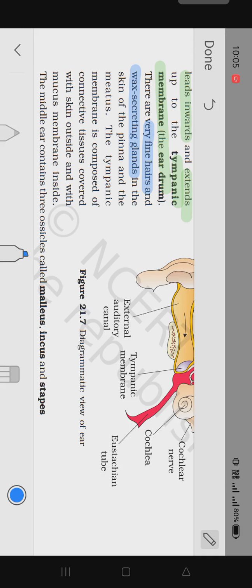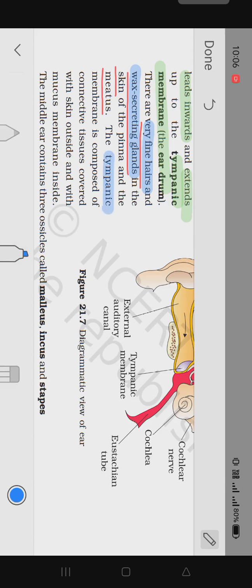So the body has this protection mechanism: very fine hairs to trap all those particles that are entering the ear. Second thing, they have wax secreting glands. These wax secreting glands contain lipopolysaccharides, hydrocarbons, and unsaturated fatty acids, which through auto oxidation kill the bacteria and the microbes, right? So that's the skin, and these glands are present in the skin of the pinna and the external auditory canal, or the meatus.